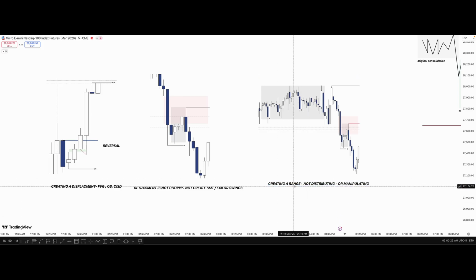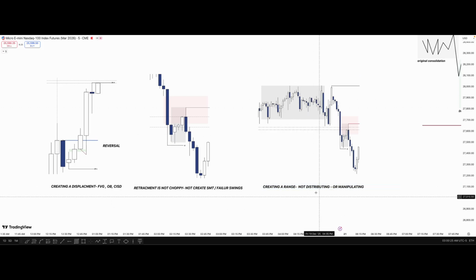It is just creating a range, neither distributing nor manipulating. These are the things of what? Reversal signatures, right? यही होता है हमेशा.